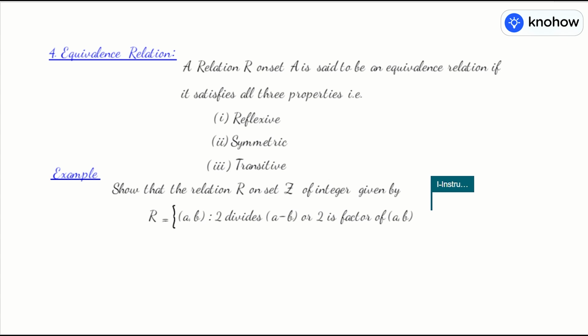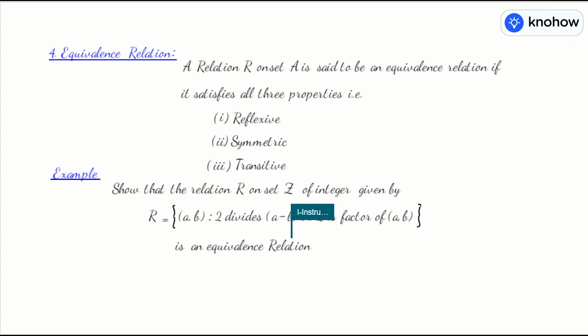So what is the question? I repeat: show that the relation R in the set Z of integers given by R equal to (a, b) such that 2 divides a minus b is an equivalence relation. That's what we have to prove.